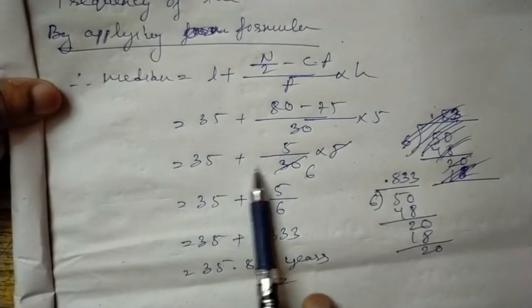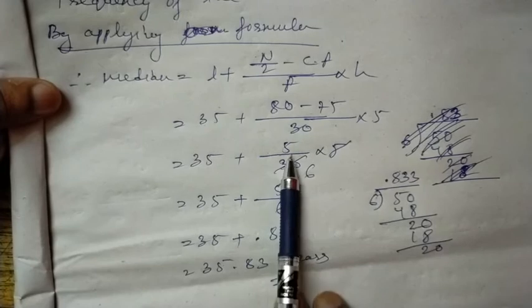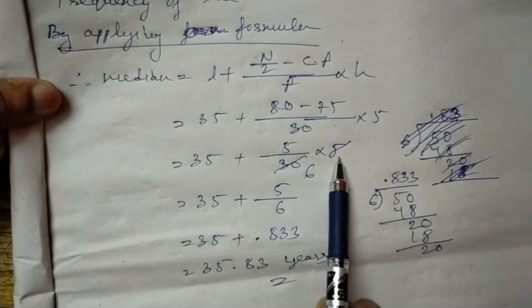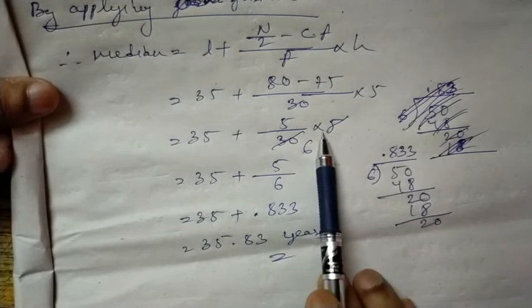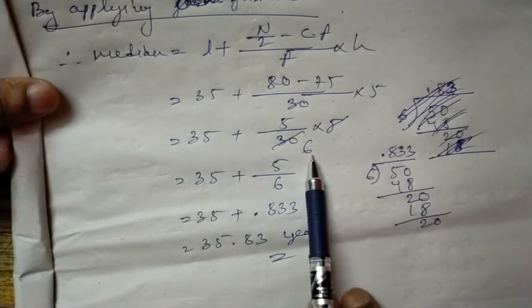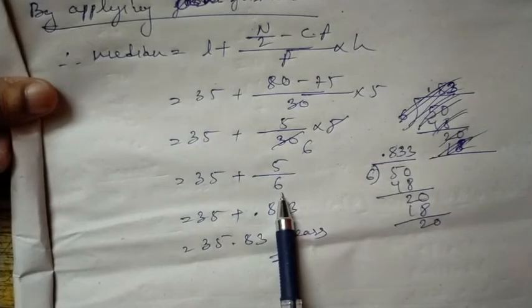So 35 plus 80 minus 75 is 5, divided by 30, into 5. So we can cancel this 30 and 5, 5 sixes are 30. So we got 5 by 6.